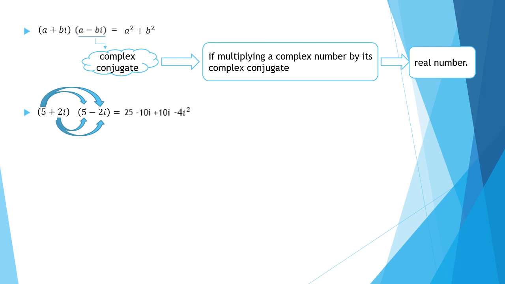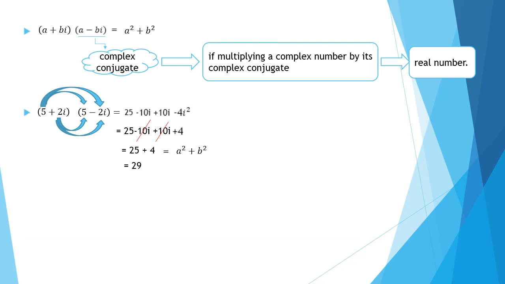We can remove i squared and replace it by negative 1, then negative 4 multiplied by negative 1 will be equal to positive 4. Then we can continue writing the equation. We can cancel negative 10i with 10i. Then we will get 25 plus 4, which is the same as we said before, a squared plus b squared. Then the result is equal to 29.